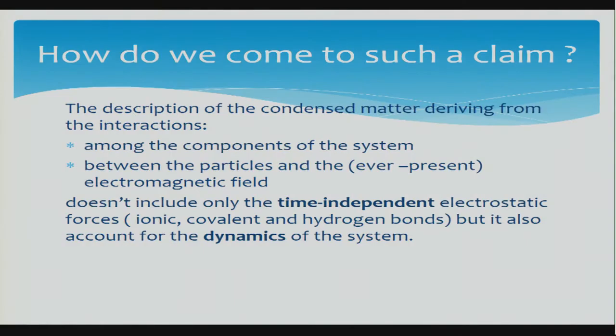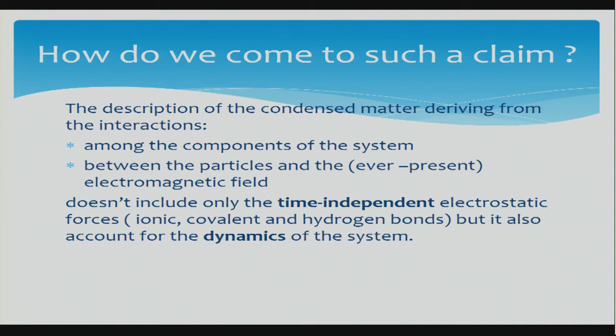Why did we come to such a claim? When we want to describe condensed matter, we have to couple the description of the matter particles interacting among themselves with the interaction of particles with an electromagnetic field. But I'm not talking of an electromagnetic field which has been switched on by the experimentalist.